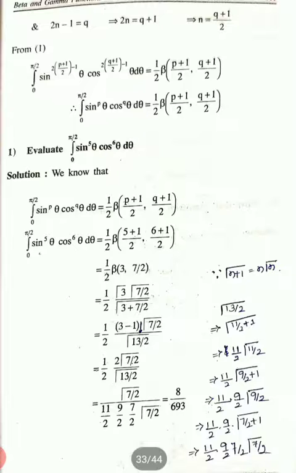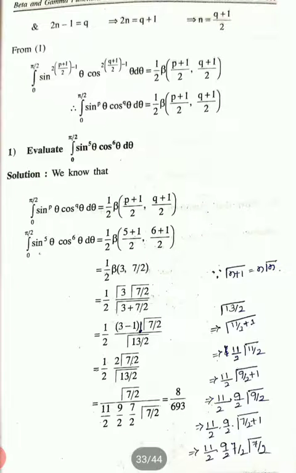Let's see some examples. Evaluate integration 0 to pi by 2 sin raised to 5 theta into cos raised to 6 theta d theta. See, applying the second proof, this is the standard formula: integration 0 to pi by 2 sin raised to p theta into cos raised to q theta d theta is equal to 1 by 2 beta of (p plus 1) by 2, (q plus 1) by 2.